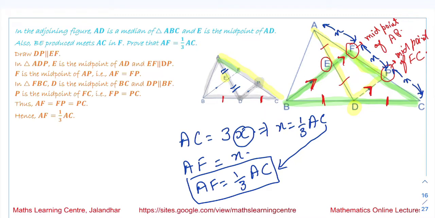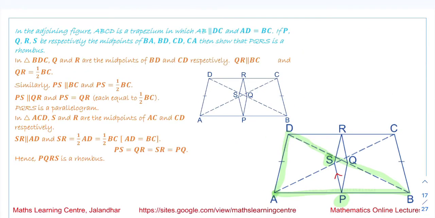Next we are given a trapezium ABCD. We are talking about this trapezium over here, A, B, C, D. Then we are talking about these diagonals over here, AC and BD. Now we are saying this P is the midpoint of AB, R is the midpoint of BC.